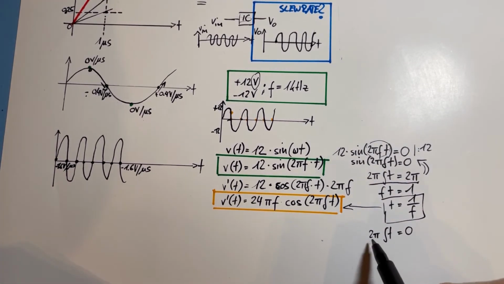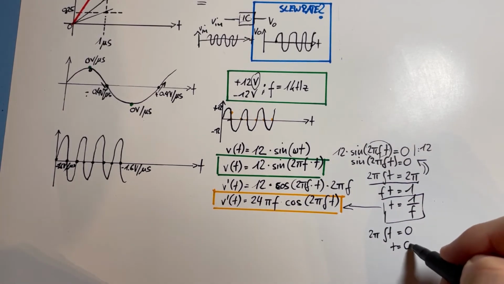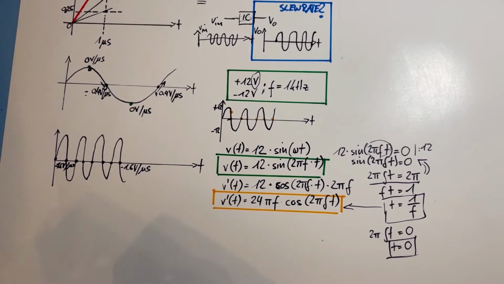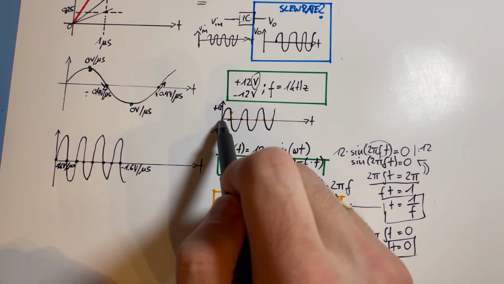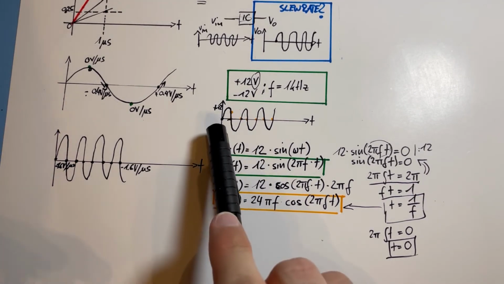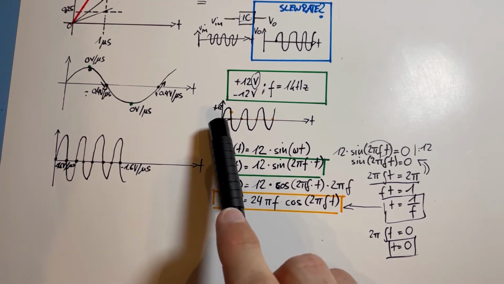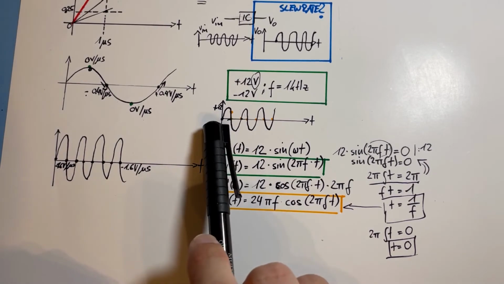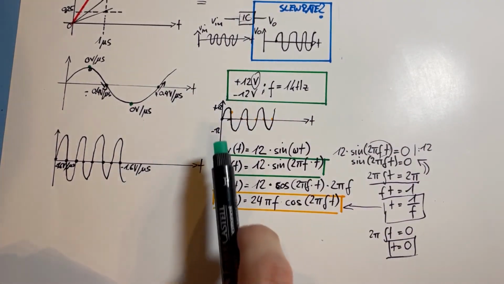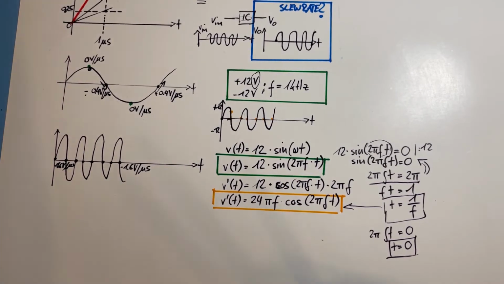Then, because 2 pi and f are non-zero, t must be 0. So that is even easier. We're taking this point, t is 0. We wouldn't have to calculate anything long, because that's really an easy one. If t equals 0, then we're just starting out, it must be the highest slope there.